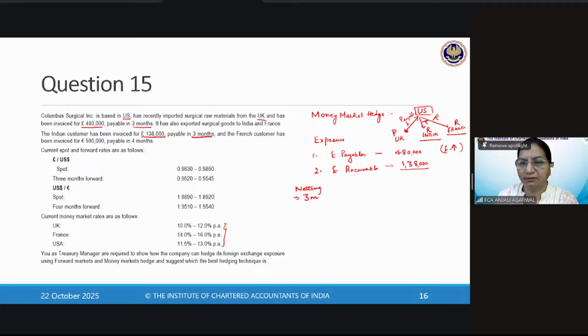Exactly after 3 months, there would be payables: 480,000 pounds payables, 138 receivables, 480 minus 138, 342 payables. So the fear is again still that the pound may increase.